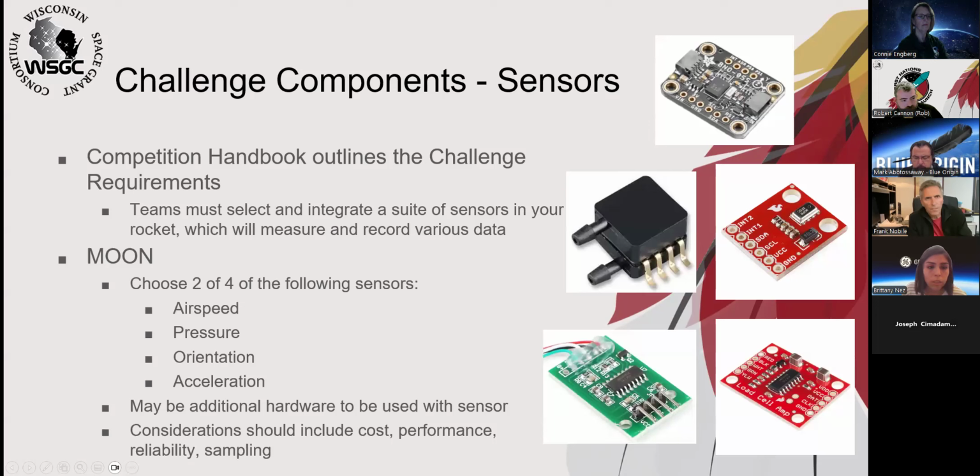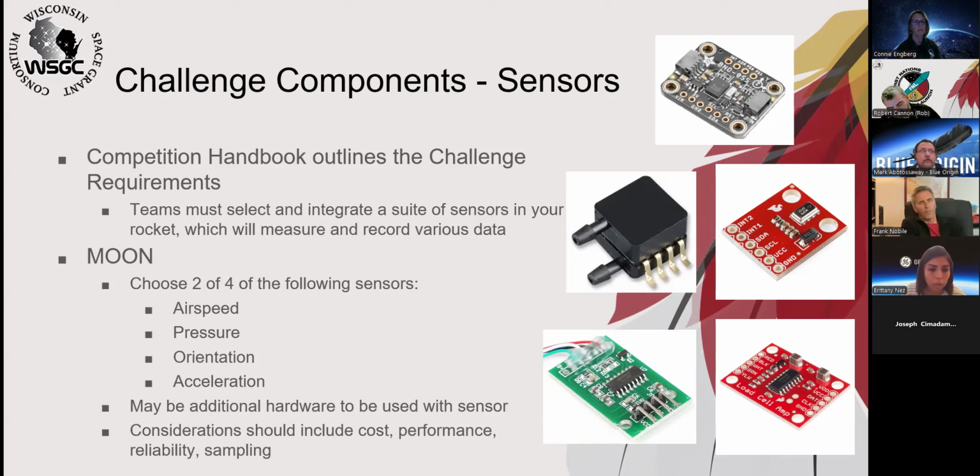For sensors, we have four sensors that the Moon Challenge team can choose from. Of the four sensors, you only need to choose two. You can do more, like Mark said. Two is the minimum, but if you start leaning more towards that five range, then we can talk about maybe jumping up to the Mars challenge.